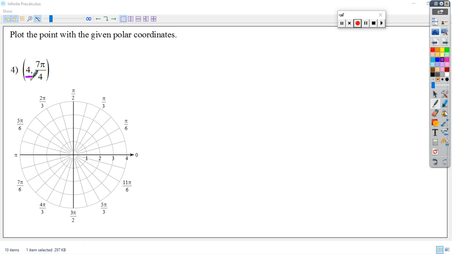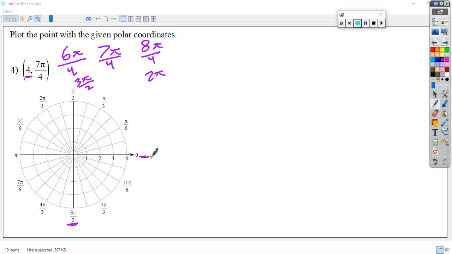Again, I'm looking at my circle, and I don't see 7 pi over 4, so let's think. 7 pi over 4 is going to be in between 6 pi over 4 and 8 pi over 4. 6 pi over 4 is the same thing as 3 pi over 2, which is right there. 8 pi over 4 is the same thing as 2 pi, which is right here.